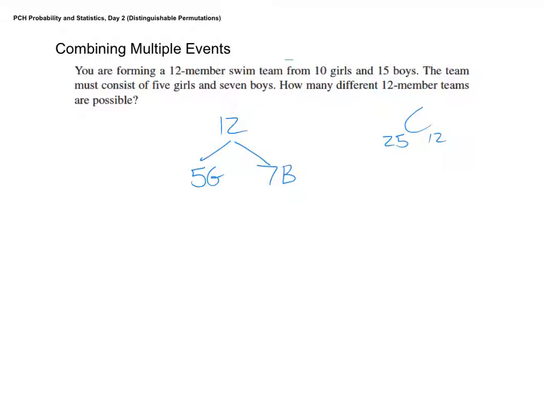How many different ways could I get 5 girls out of those 10? Would you do 10 choose 5? Exactly. We have 10 girls to choose from, and we want to choose 5 of them. Okay?